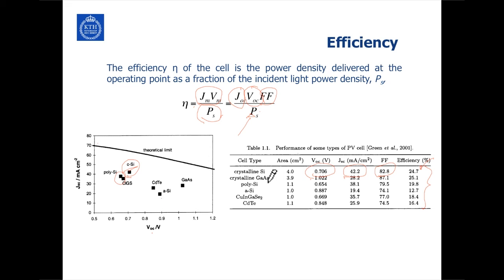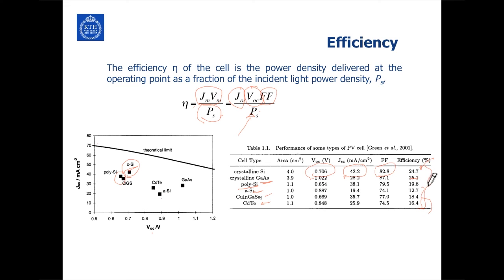Then we have crystalline gallium arsenide here, which has a little bit higher efficiency, and this is called polysilicon, and this is called amorphous silicon, which people use to make thin film solar cells, and this is the CIGS and cadmium telluride. These three are what are called the thin film solar cells or second generation solar cells.